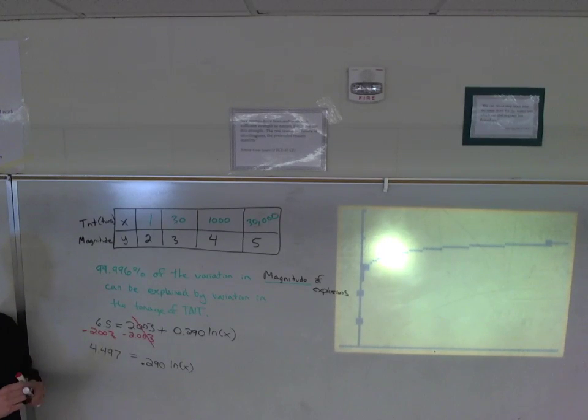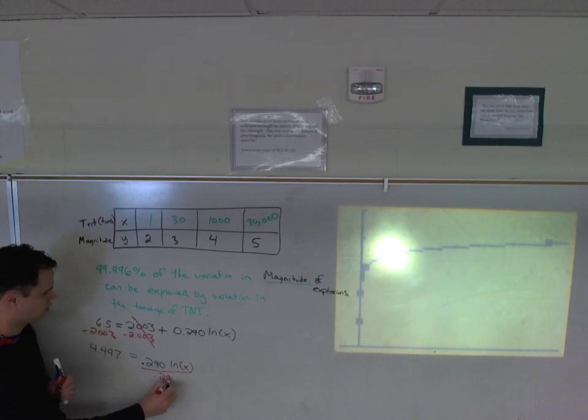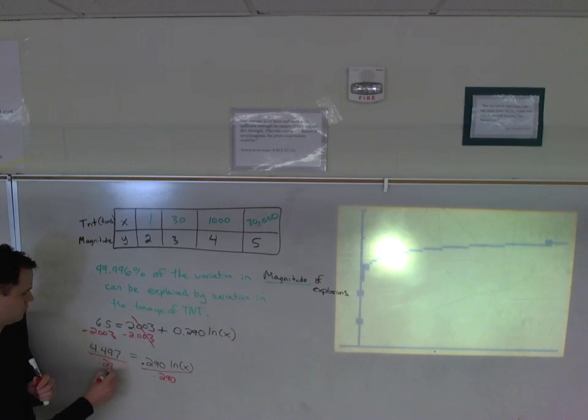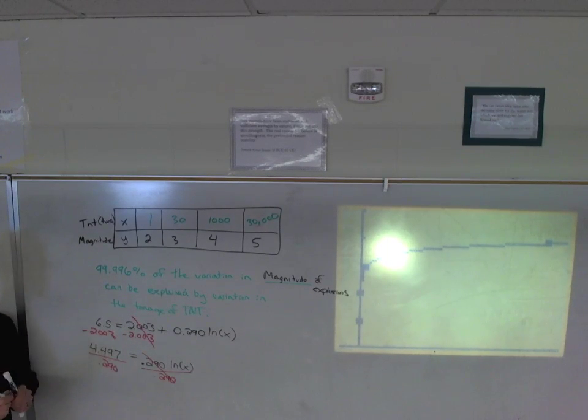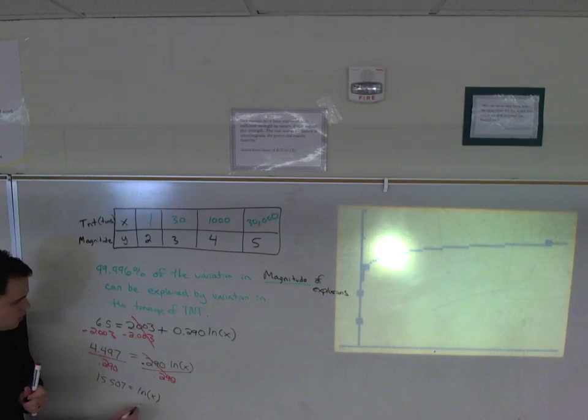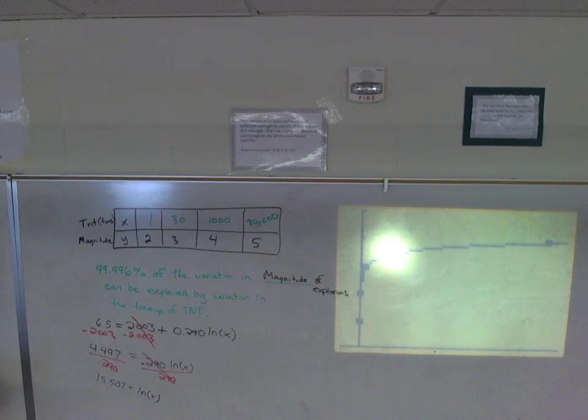Then what? You guys going to let Megan do all the work? I'm not trying to do that in my head. 15.507. And really the most important step is this. This is the only new step. You've known how to do the rest forever.